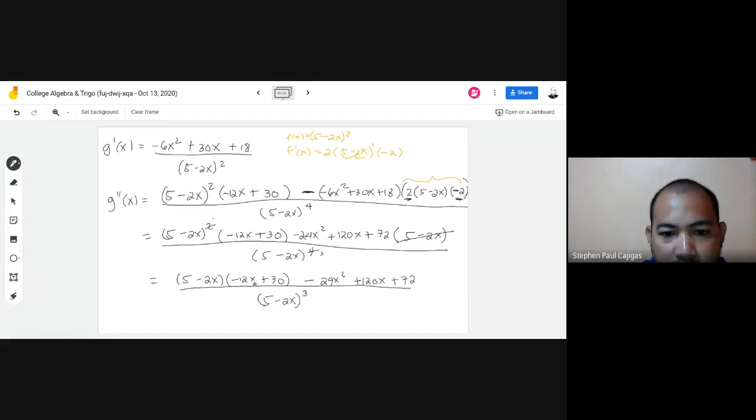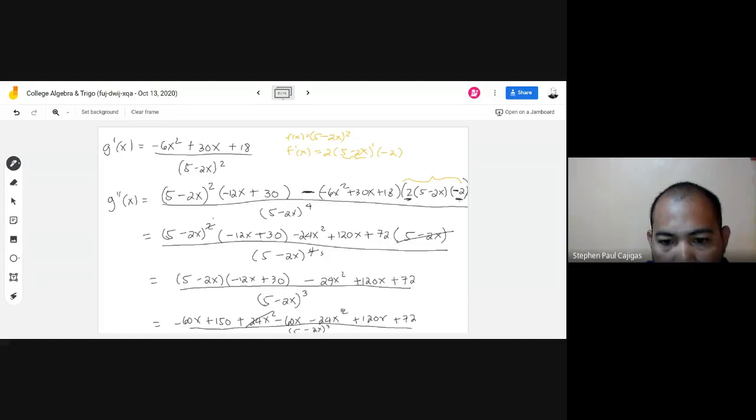So let's simplify this. This will become negative 60x plus 150 plus 24x squared minus 60x, minus 24x squared plus 120x plus 72, all over (5 minus 2x) cubed.